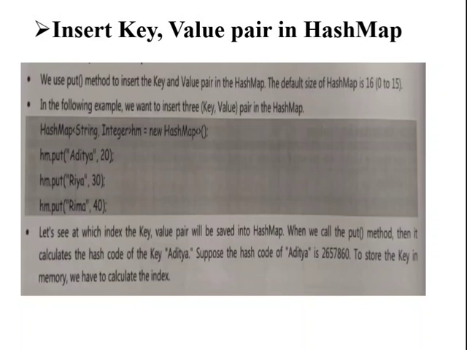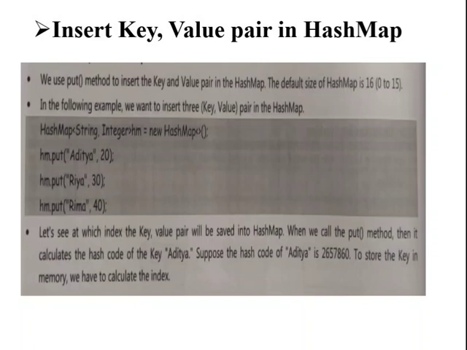The index is calculated using the following formula: index = hashCode(key) & (n - 1), where n is the size of the array. Hence the index value of Aditya is index = 2657860 & (16 - 1) = 4.